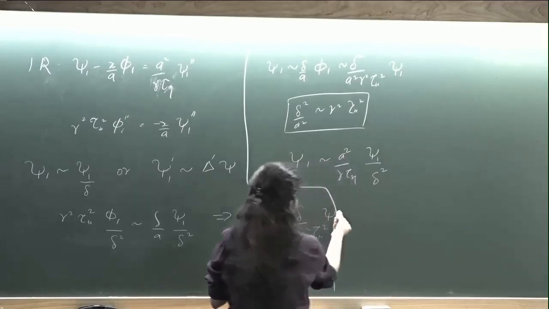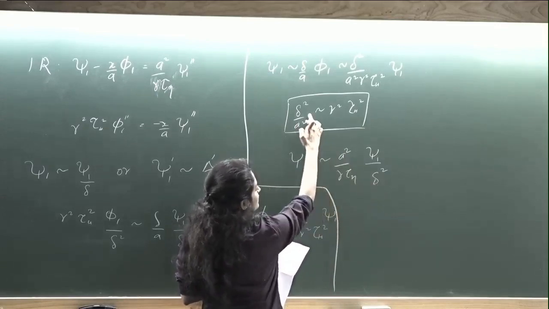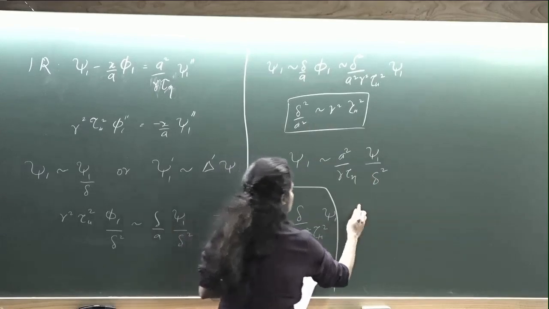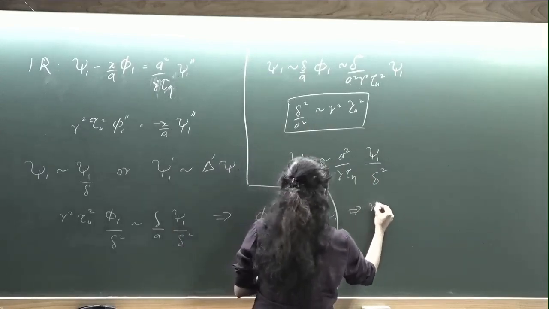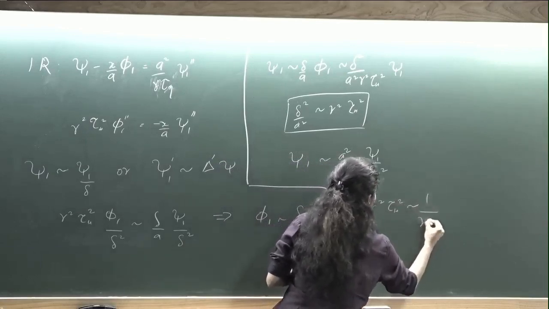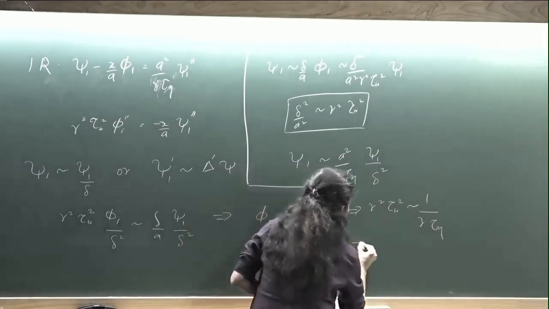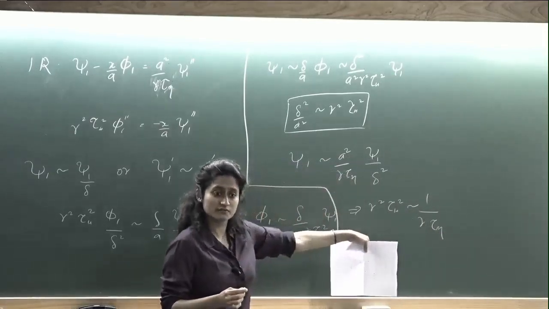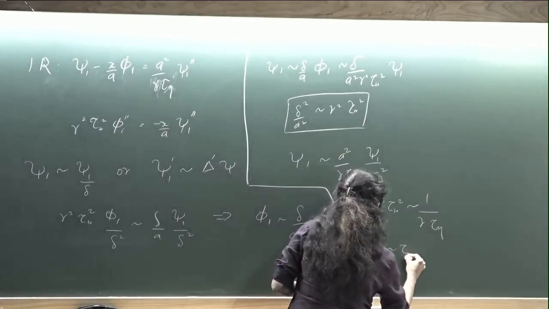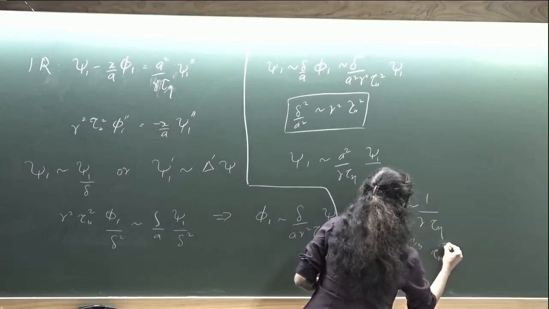So I take delta square by a square from here, plug it into this, psi1 gets cancelled, so I'll get gamma square tau h square goes as 1 by gamma tau eta. From this I can now get an expression for gamma. So my gamma is going to go as tau eta to the power minus 1/3 and tau h to the power minus 2/3.